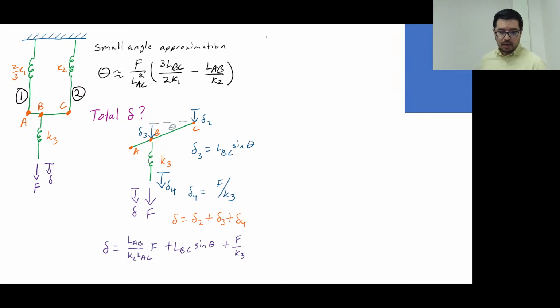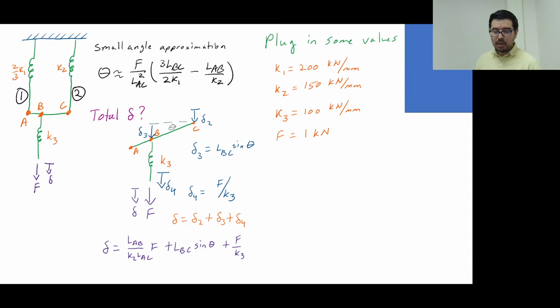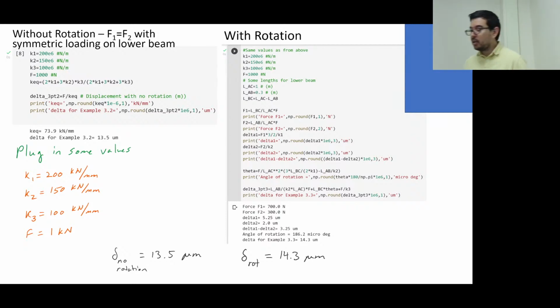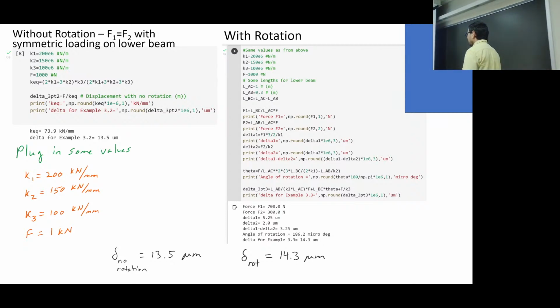Okay, you can plug in some values and calculate it out. If you really want to just plug this formula in every time, that's great. Or you could just use the Colab that's provided with this session.